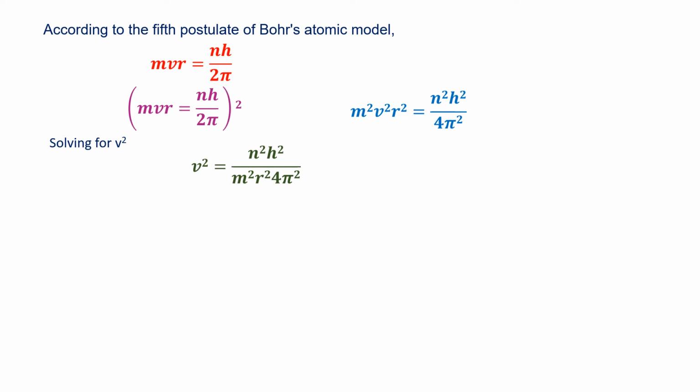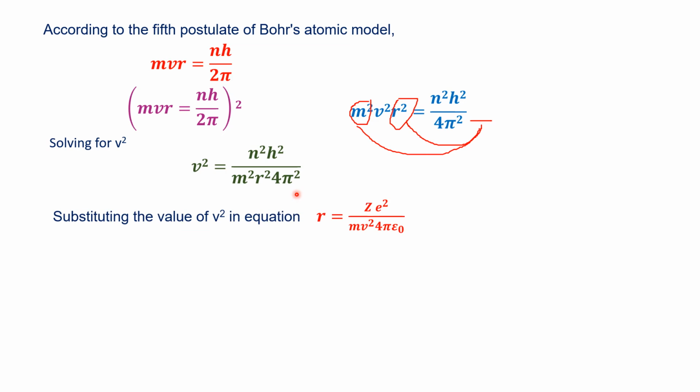If we look at this formula, we will divide this term and this term by m square r square, and here we also put m square r square over there, which means that both these values will come over there, and we will get n square h square divided by m square r square 4 pi square.